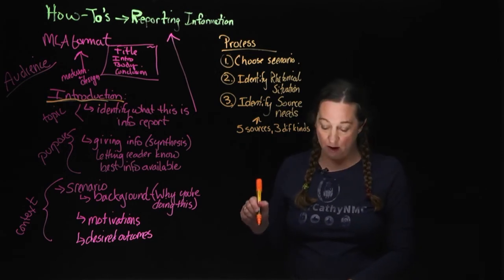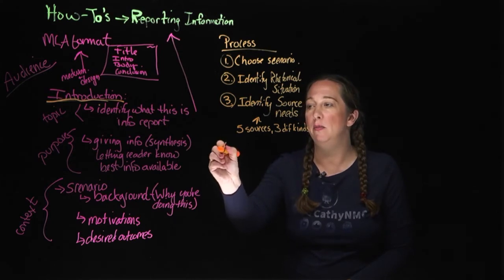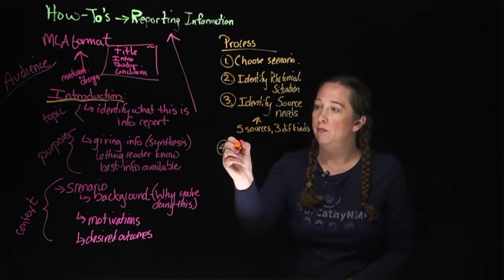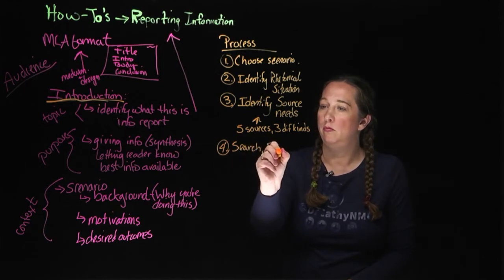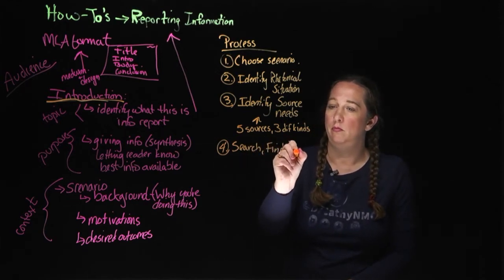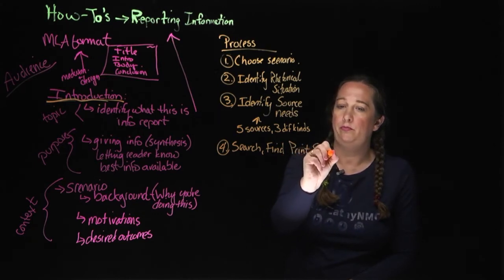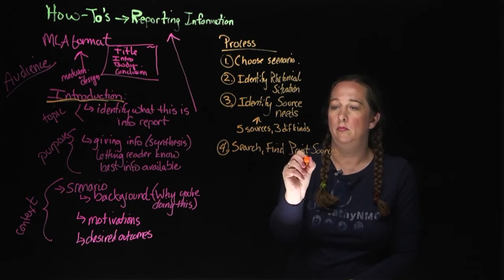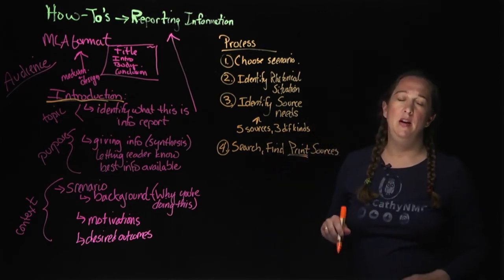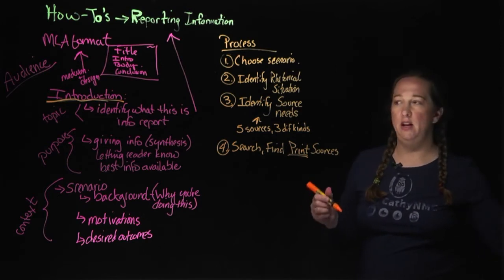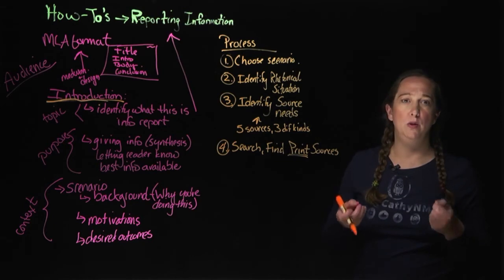After we've identified what it is that we need, we've got to find our information. And you notice I've underlined the word print here. It is very, very helpful in a research situation to physically have a copy of your resources in front of you.